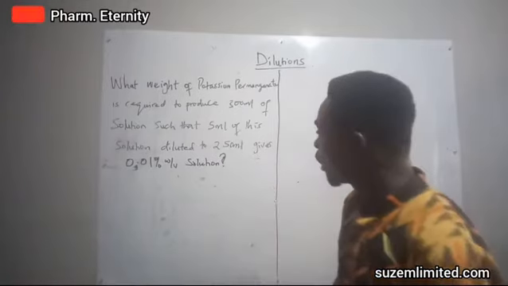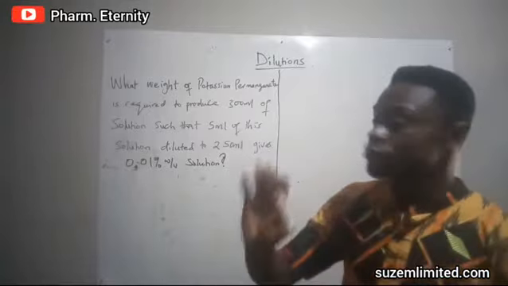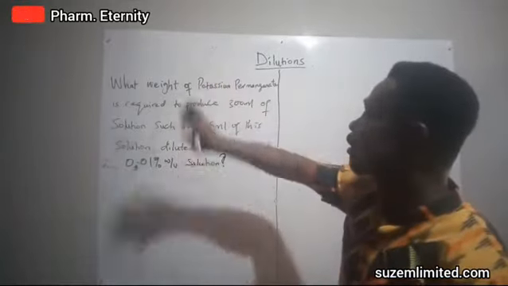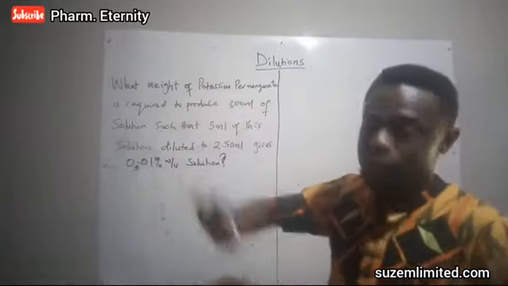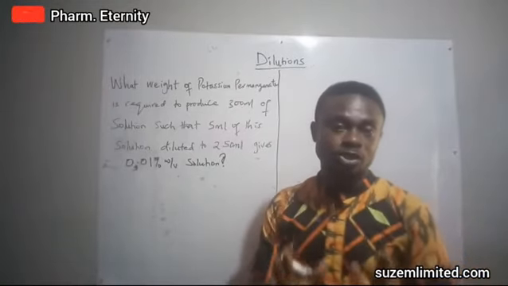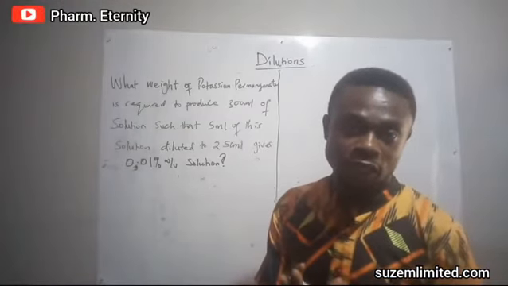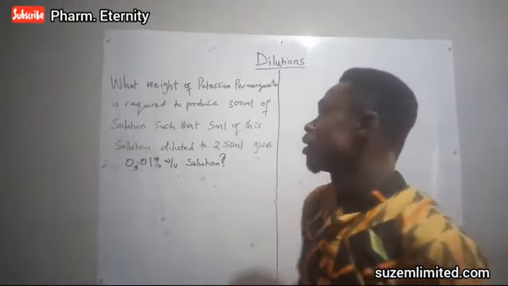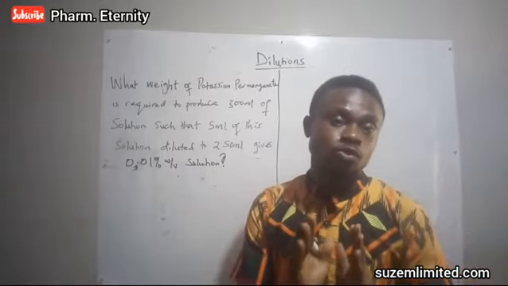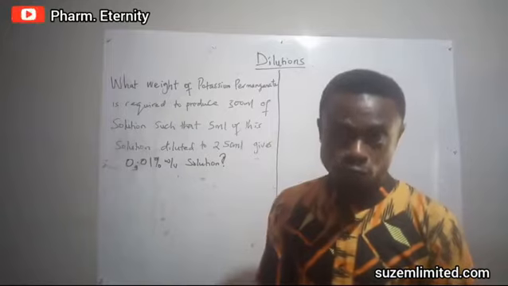For example, let's assume that this potassium permanganate has 1 gram dissolved in enough water, and made up to 500 ml solution.